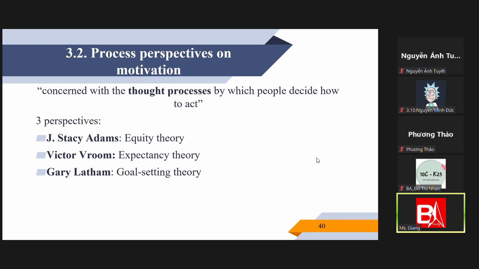So we will not focus on the package of needs of human beings. We focus on the process of thinking of the individual. And we have 3 theories in the process perspective: the equity theory by Stacy Adams, the expectancy theory by Victor Vroom, and goal setting theory by Gary Latham. The first one, let's talk about the equity theory.